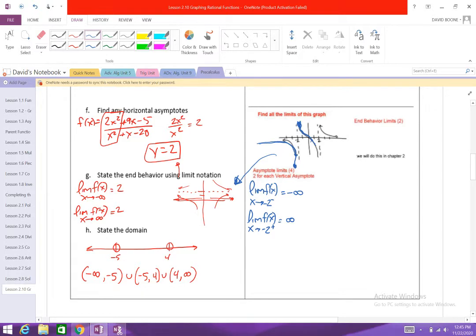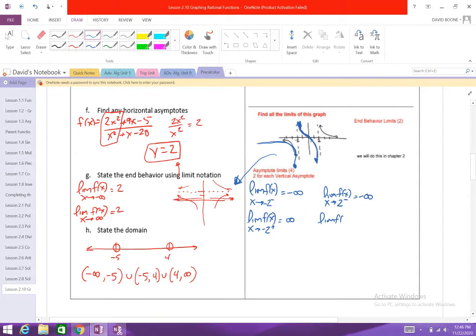We also have an asymptote here at +2, so we've got to address that one as well. When I look at the limit of the function as x approaches +2 from the left side, this graph is going down to -infinity.